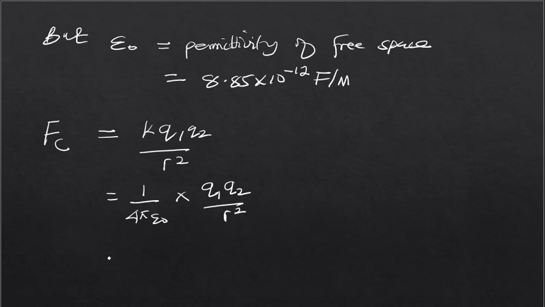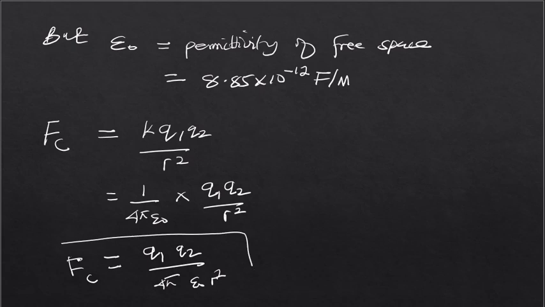So if you further put this together, you have Q1 Q2 divided by 4 pi permittivity of free space multiplied by r squared. And this becomes another formula for it.